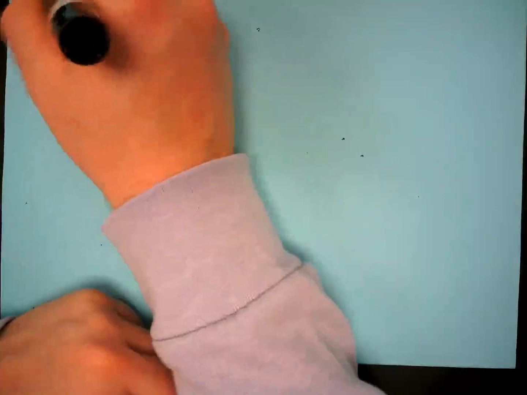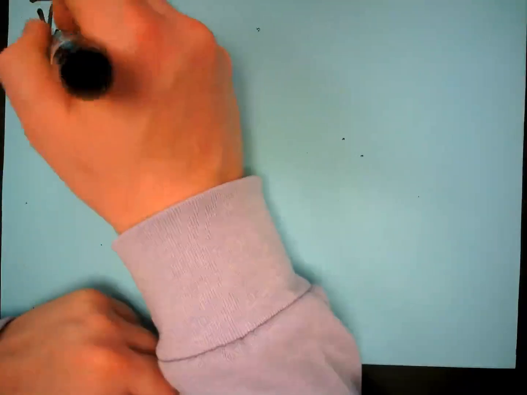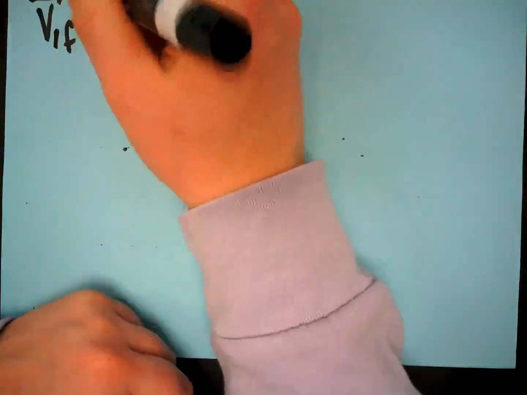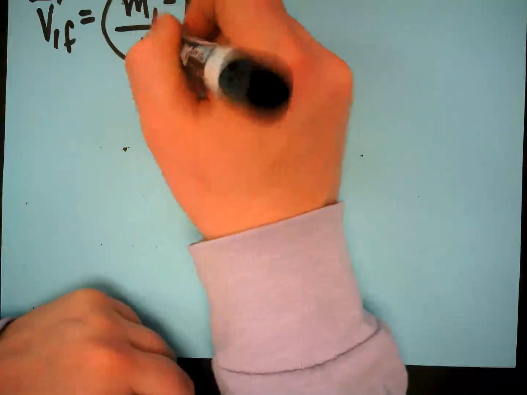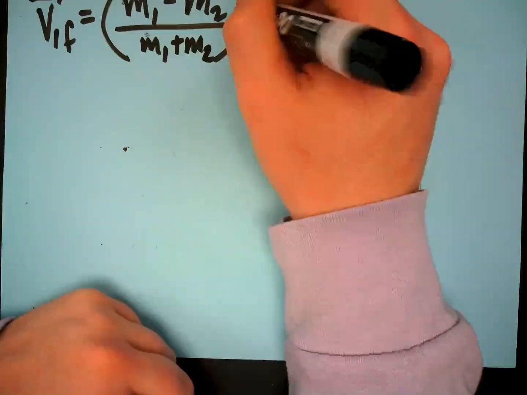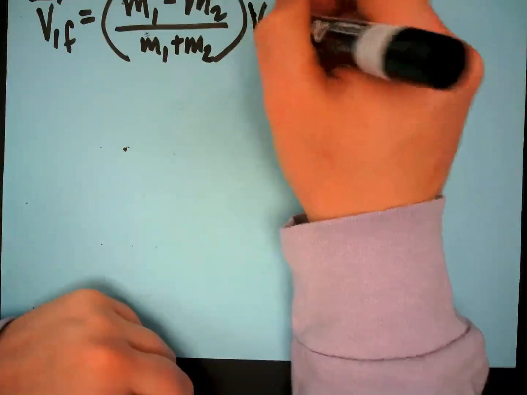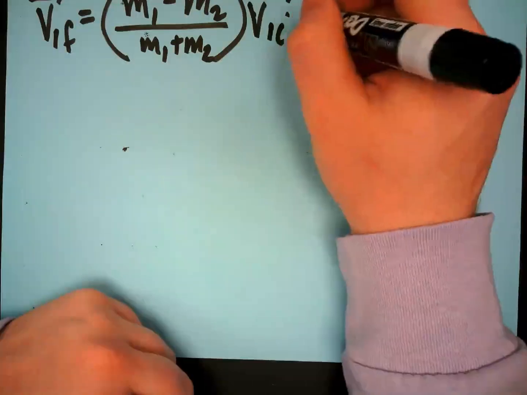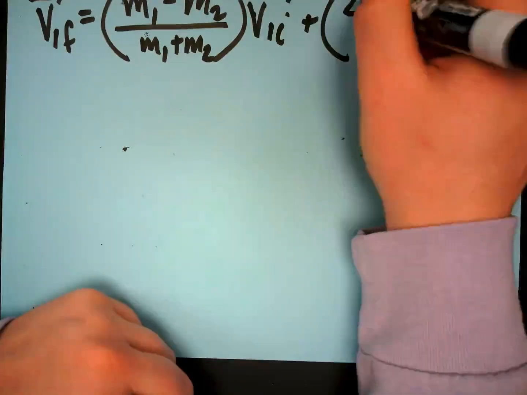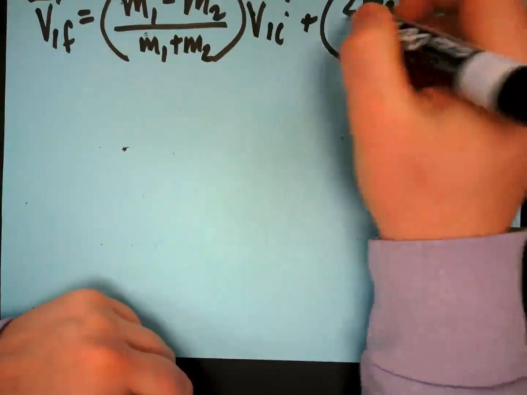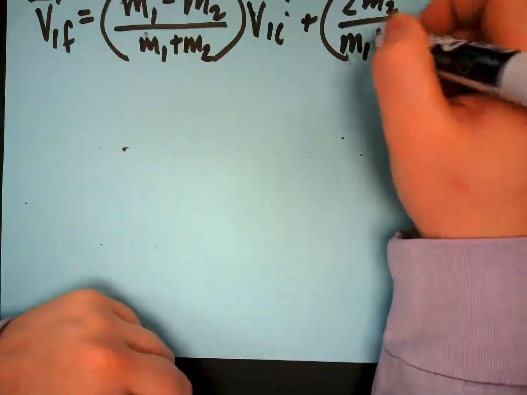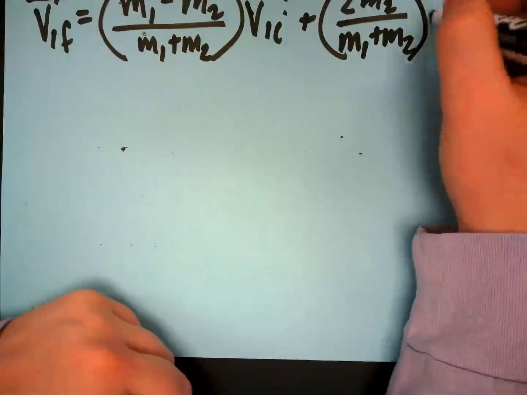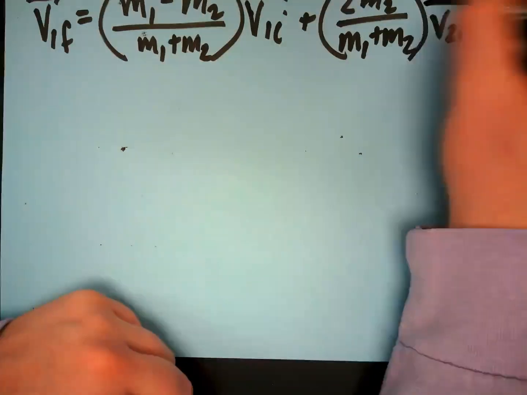The final velocity of our first object is going to be equal to (m1 minus m2) over (m1 plus m2) times the initial velocity, plus 2 times the mass of our second object, 2m2, over (m1 plus m2) times the initial velocity.